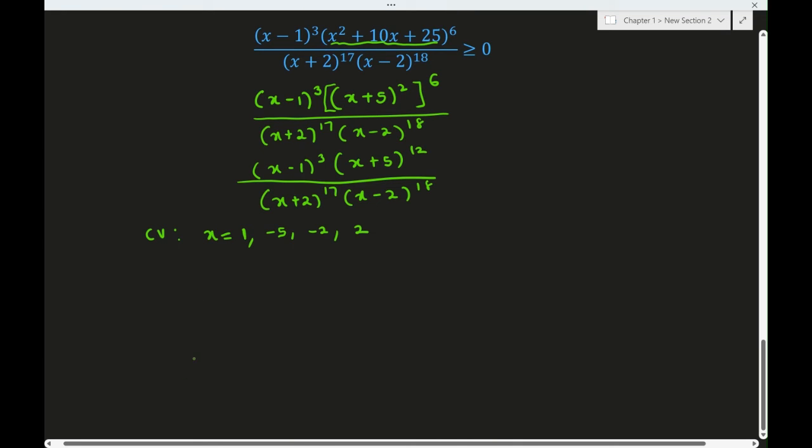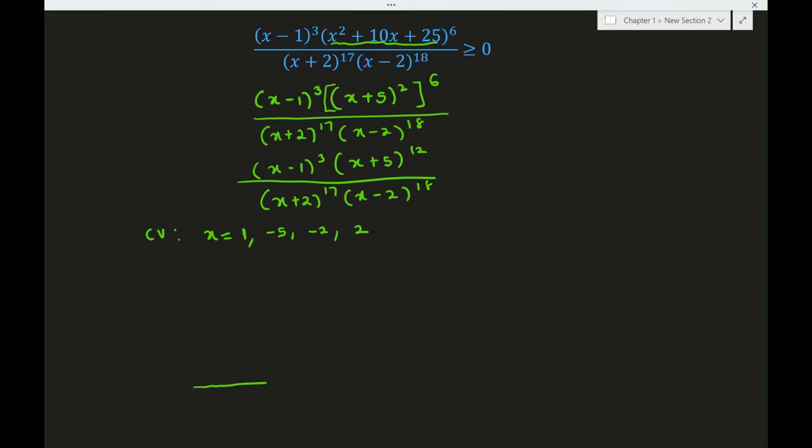Now, we go to the table. In the table, we arrange the critical values beginning with the smallest, which is minus 5, then minus 2, then 1, then 2.